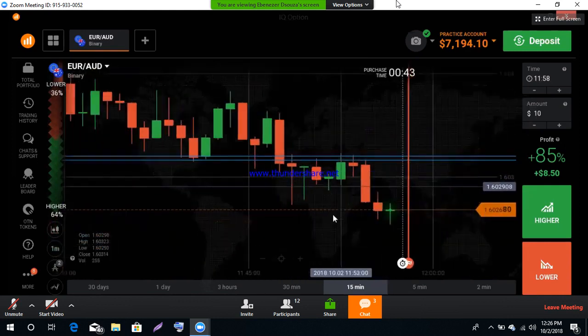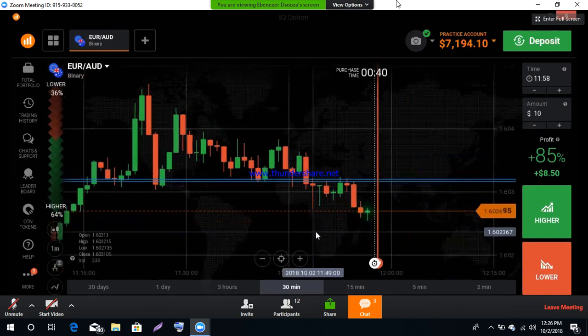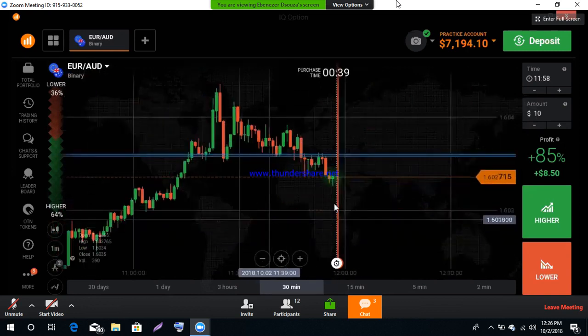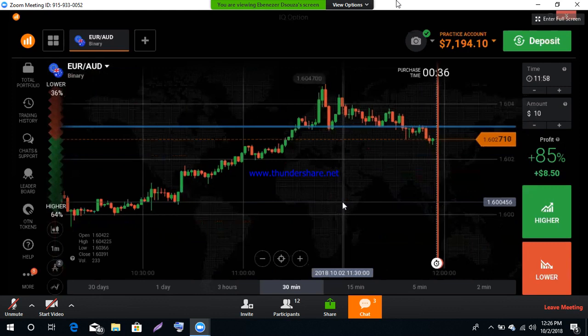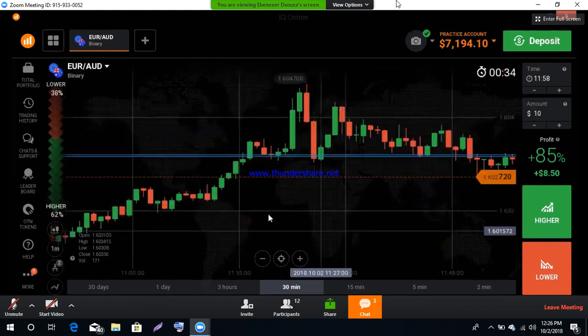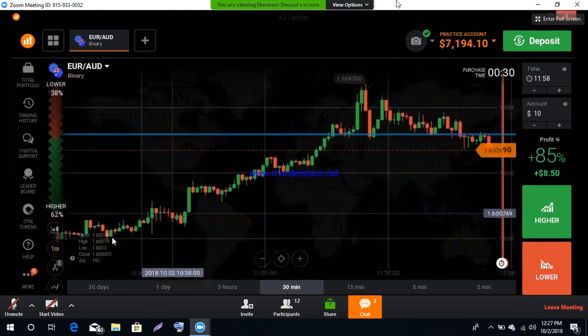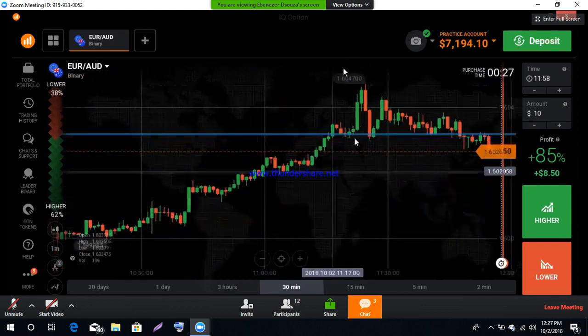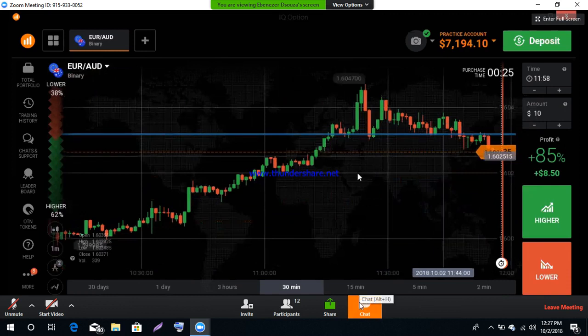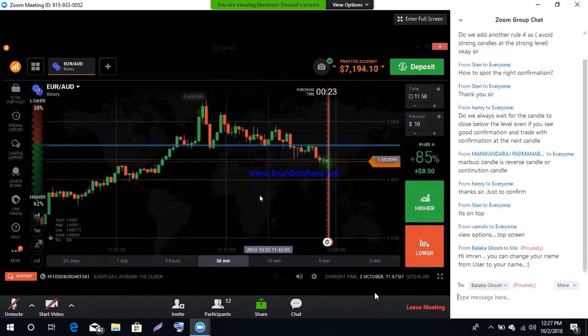This level is working, right? Almost every time it is reversing from the same level. So if you want to trade here in the direction of the trend, you can trade here and here also.